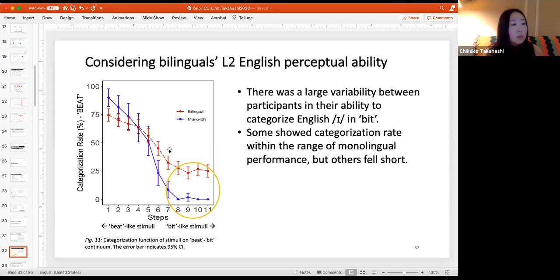Here, the group difference is clear. Monolingual speakers were able to categorize bit-like stimuli as bit close to 100% of the time, but not bilinguals. However, having said that, there was a large variability between participants in their ability to categorize L1 English A.